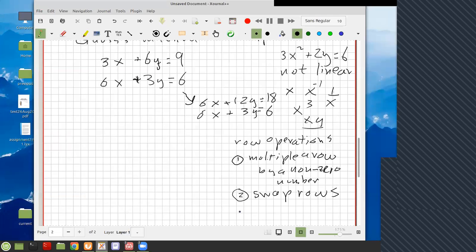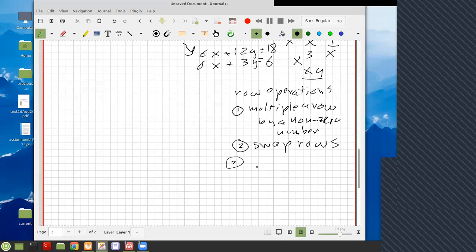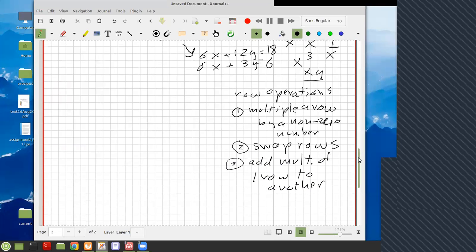The third and last one is the most interesting, the one that gives this thing all the power. I can add a multiple of one row to another.